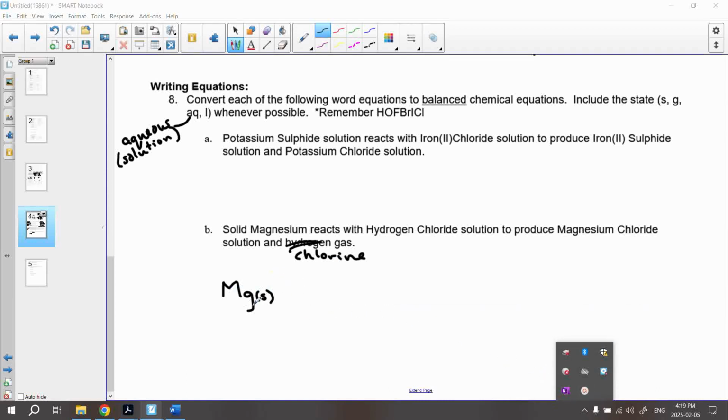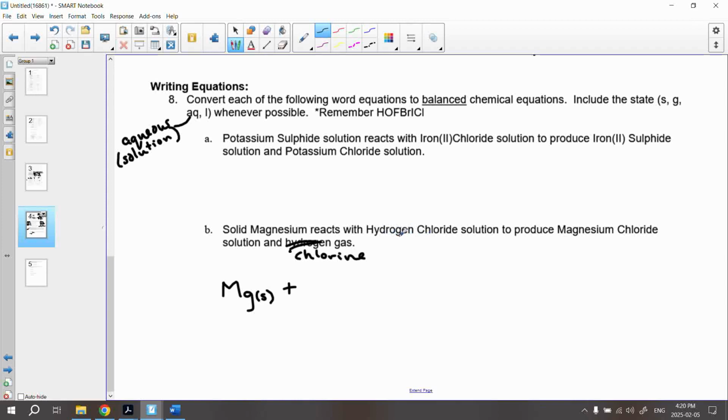So solid magnesium, I've got the magnesium symbol and the S for solid, reacts with, I can just use a plus sign, hydrogen chloride. So I want to examine this and see, is this an ionic or a molecular substance? Well, hydrogen's a bit of a tricky one because in reality it's a non-metal, but it sometimes acts like a positive ion.